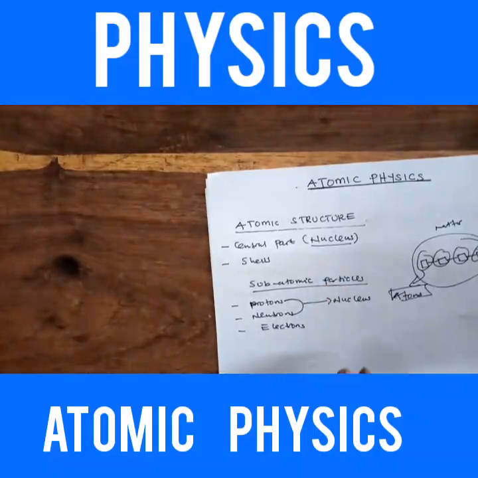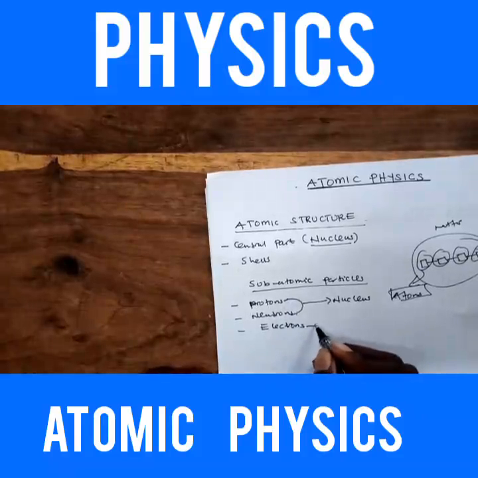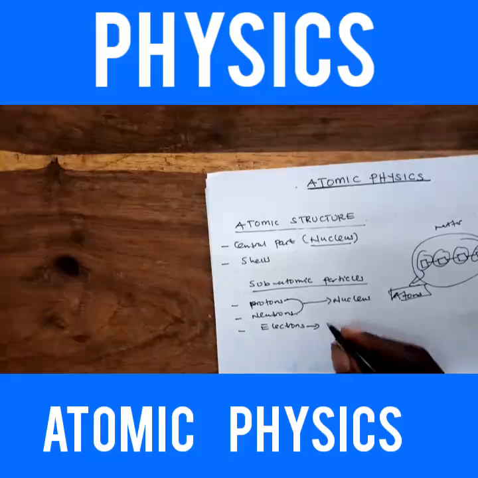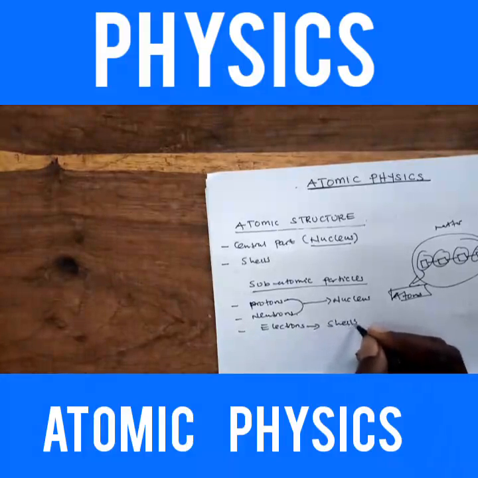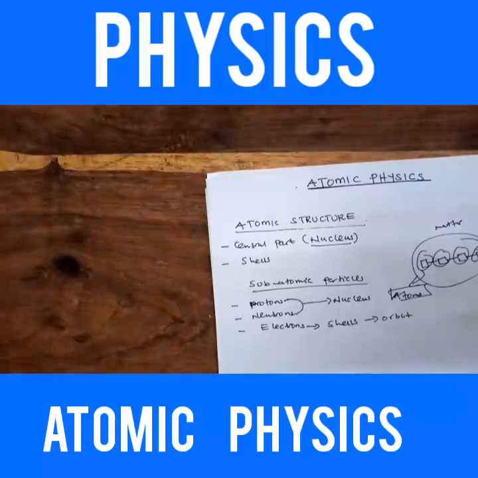A nucleus is just a central part, a small part of an atom, which is at the center, where its entire mass is concentrated. That's the nucleus. Within that nucleus, that's where we find the protons and the neutrons. Then we also have some other particles, which are the electrons. These electrons are found within shells. They orbit the nucleus, they move around the nucleus.